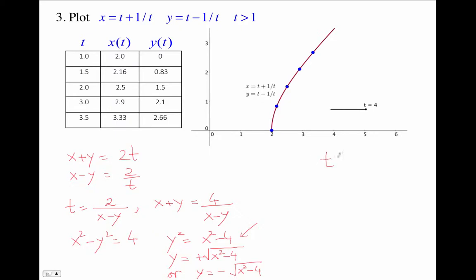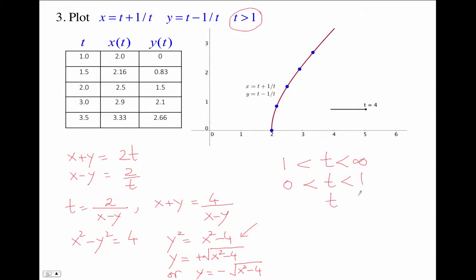To be more specific, so far we've looked in this region, t between infinity and 1. That's the condition that we were given over here. t has to be greater than 1. But there are 3 other regions. So t can be less than 1 and still be positive.